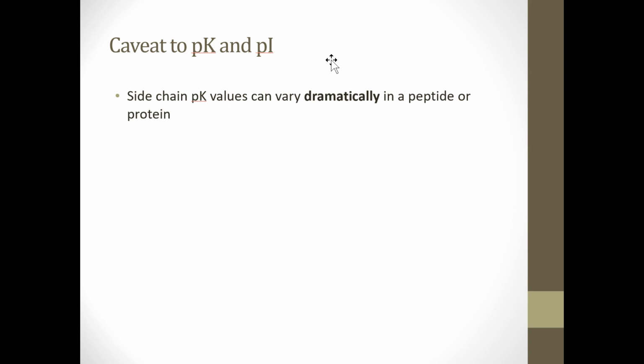So we can pay attention to these as just pure amino acids, but realize that how they behave in a protein can vary depending on their chemical environment.